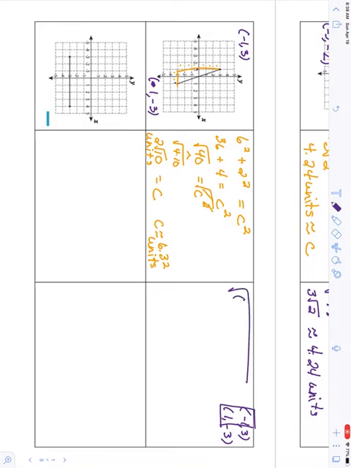So -1 minus 1. Then we're going to add that with our y's. 3, it's a negative, so plus 3. Okay, let's combine this. Negative 1 minus 1 is negative 2 squared. Plus 3 is 9 squared.